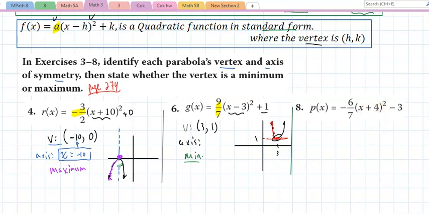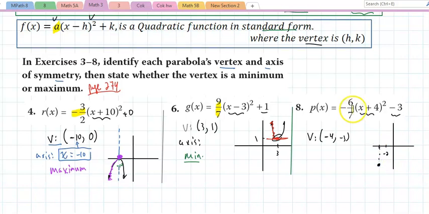If I look at this third problem, number 8, I notice that the vertex is the opposite of this, which is negative 4 and negative 3, which means I'm going to move negative 4, and negative 1, negative 2, negative 3.